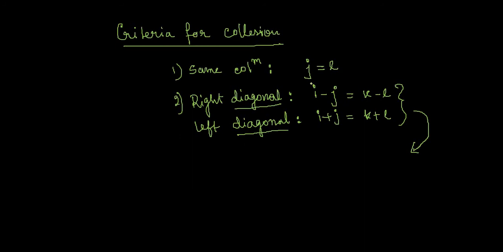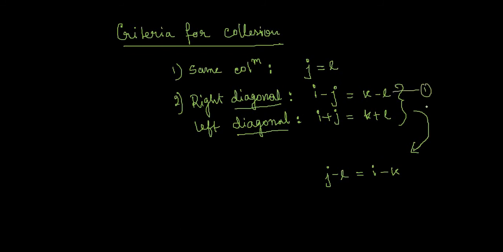From here, if you put this on this side, j minus l will be equal to i minus k, right? From this equation.